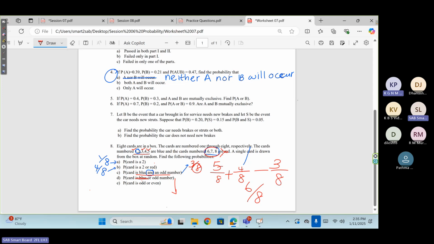Yeah, right. Odd or even means these two events are collectively exhaustive. Here 1 to 8 numbers are there. 2, 4, 6, 8 even numbers. 1, 3, 5, 7 odd numbers. Here if I write all of them, it covers the sample space in this question. Then the last answer is 1.